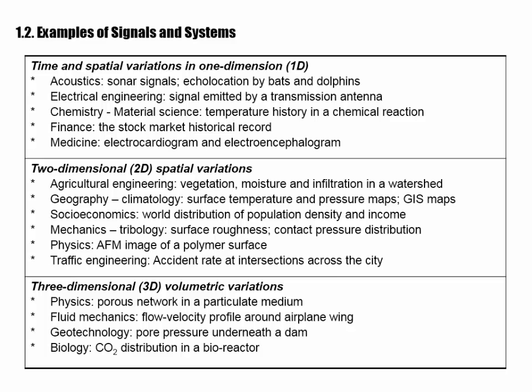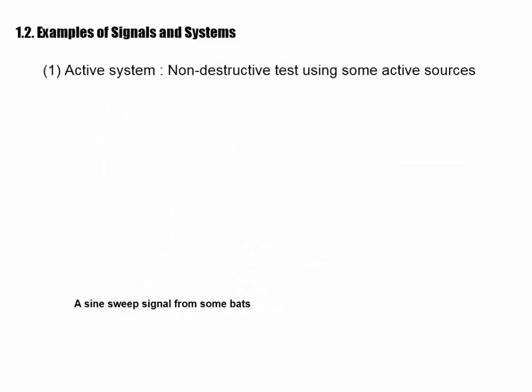And three-dimensional variation is a porous network in particulate medium, like you have a porous network in X, Y, Z. So that's why they call it 3D. And what else? Pore pressure underneath a dam. You have a dam structure, and along the area and also along the depths, you have a pore pressure distribution. So that's three-dimensional information.